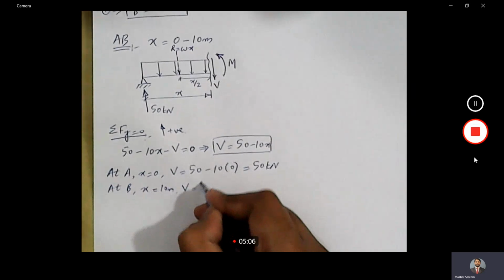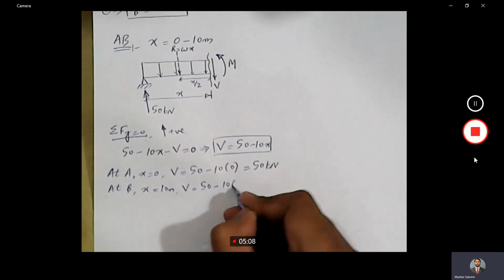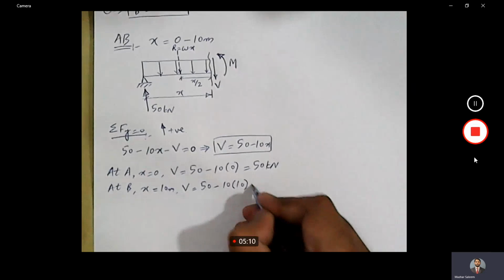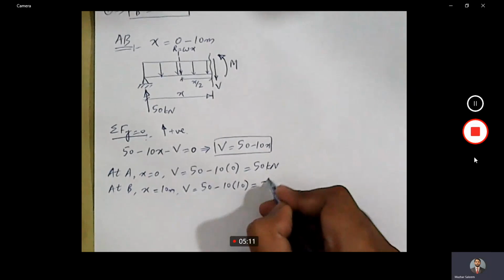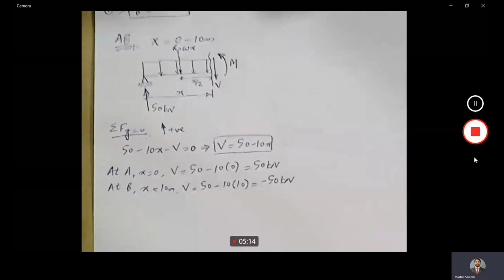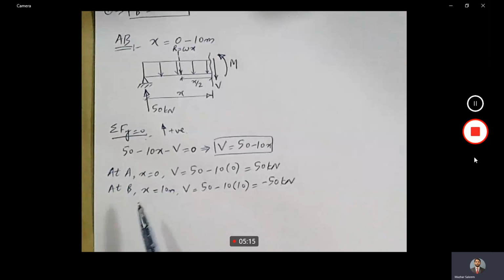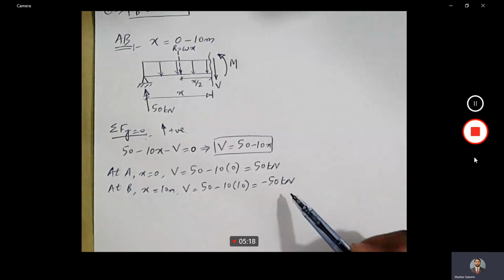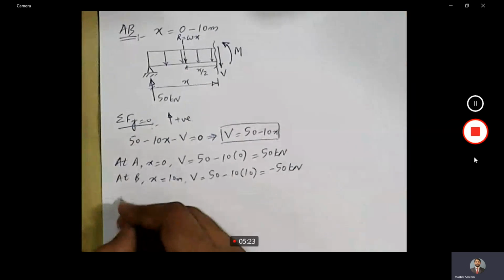So V will be equal to 50 minus 10 into 10, and that is equal to minus 50 kilonewton. So shear force at A is 50 kilonewton.